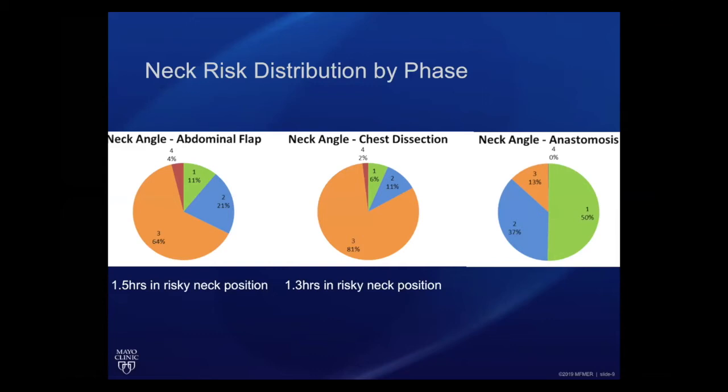For our chest dissection exposure of our internal mammary vessels, our neck was at a risky position for 1.3 hours. But then again, when we were under the operative microscope, everything seemed to normalize.